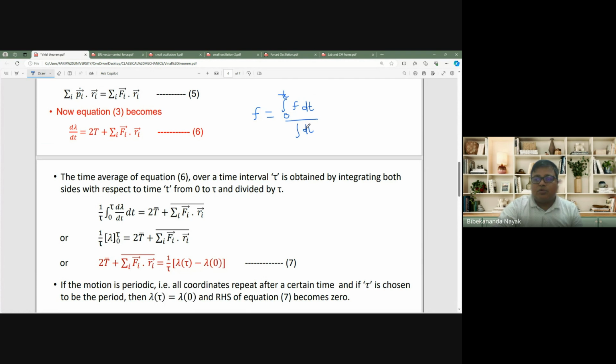Whatever the time period, if you take 0 to tau or 0 to pi, or 0 to pi by 2, the limit, you know it, this is a formula: 1 by tau, integration of 0 to tau, f dt.